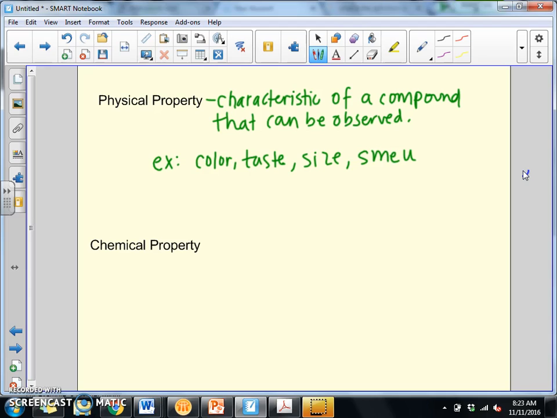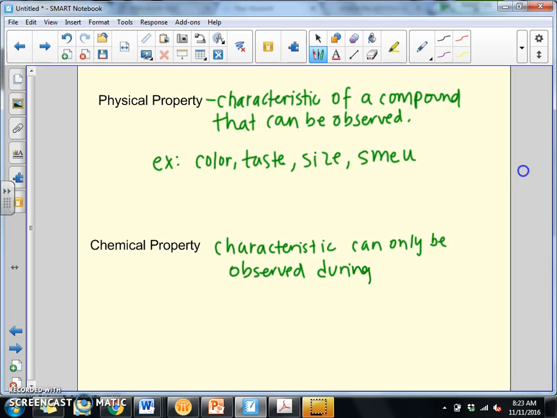Now, a chemical property is a characteristic that can only be observed during a change.